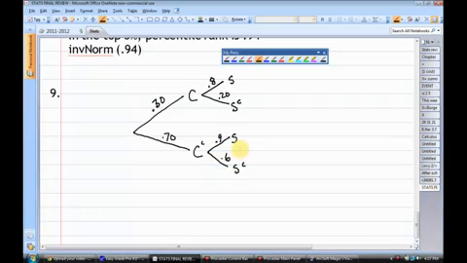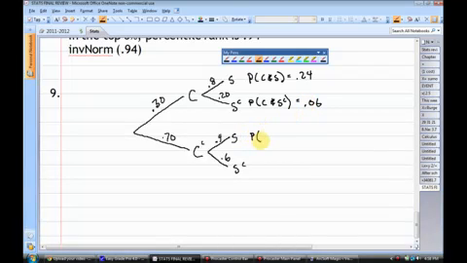Okay, so if we have all of this, I could, at this point, just type out everything. This is going to be the probability of C and S is equal to 0.8 times 0.3, which is 0.24. The probability of C and S complement, that's 0.3 times 0.2, which is 0.06.